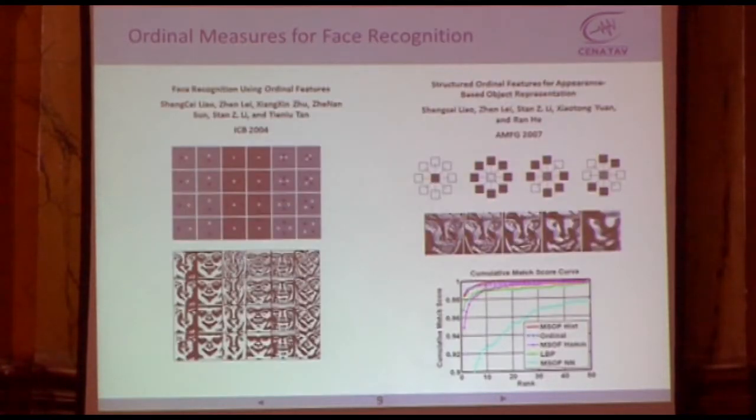This kind of representation has been applied for different biometric technologies, and in the case of faces, there are some works using it. The structural ordinal features are one of the best performing, considering a set of ordinal comparisons, and have been shown to be better than LBP and other kinds of ordinal representations.